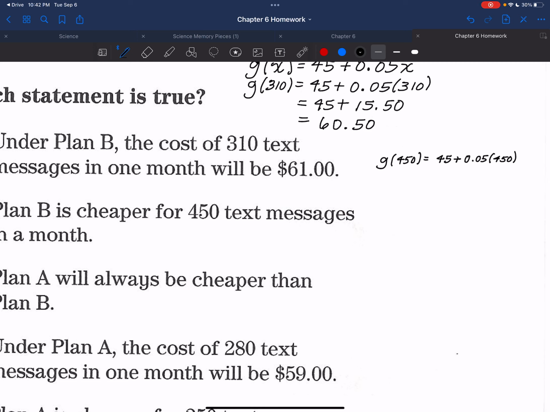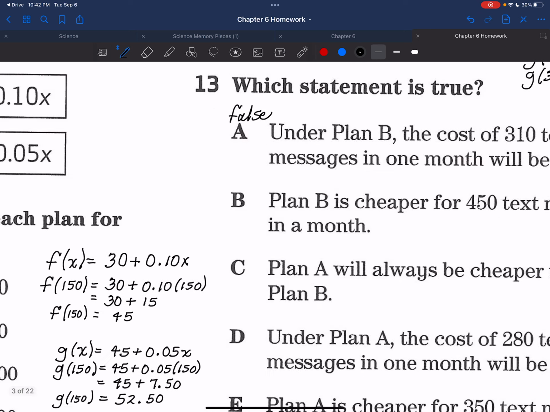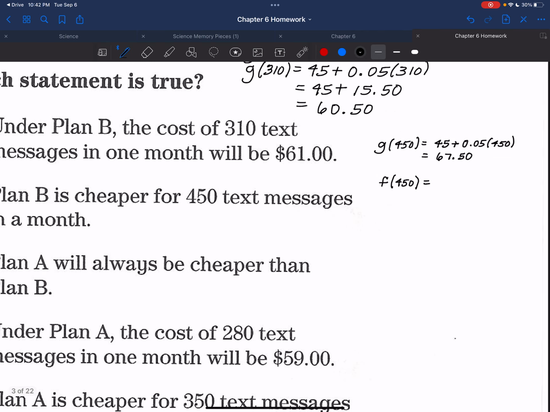And I need to conserve space, so I'm going to say 450 times a nickel plus 45 is $67.50. And then we need to do f of x.